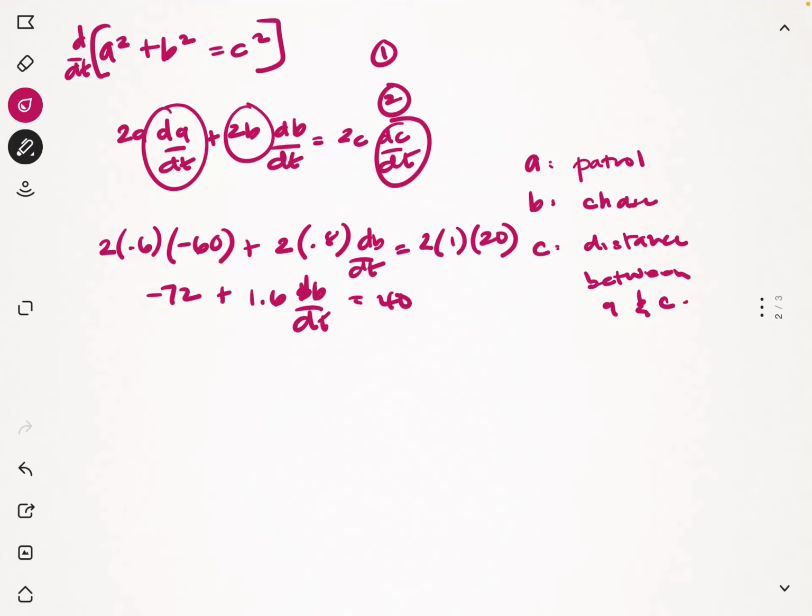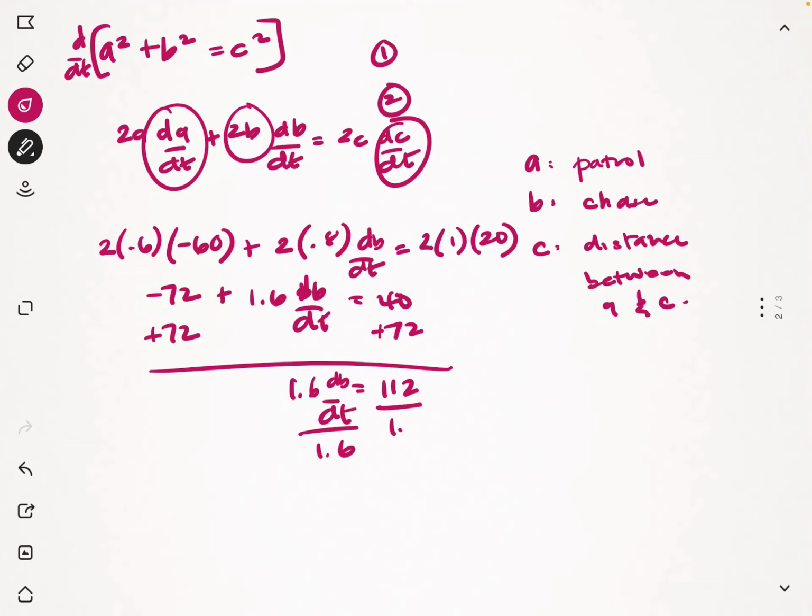Now we're solving this for dB/dt, so we're going to add our 72, which is 112, and then divide by 1.6. That is 70 miles per hour.